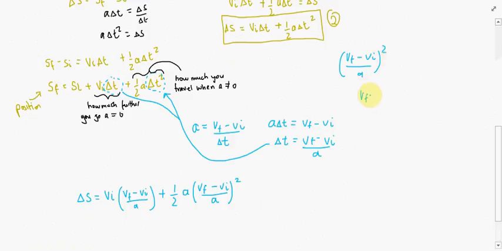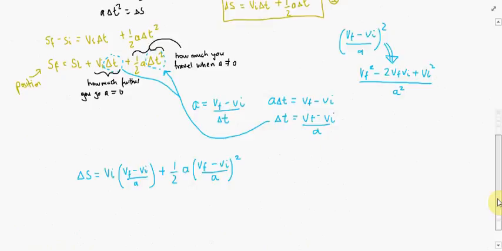Vf squared minus 2Vf times Vi plus Vi squared over a squared. Okay, so this becomes this, which I'll replace in here.